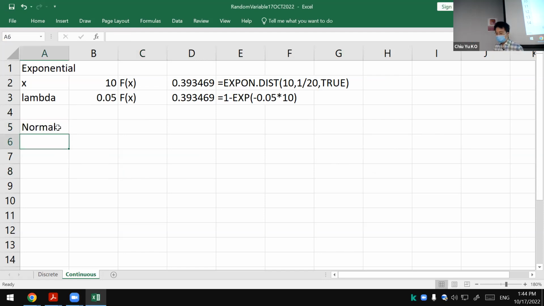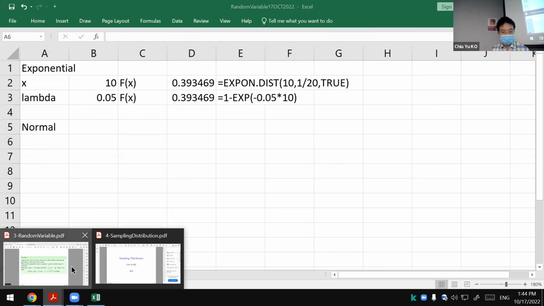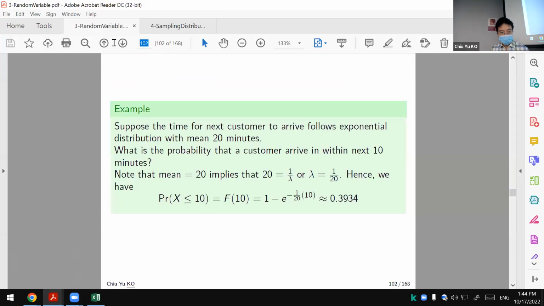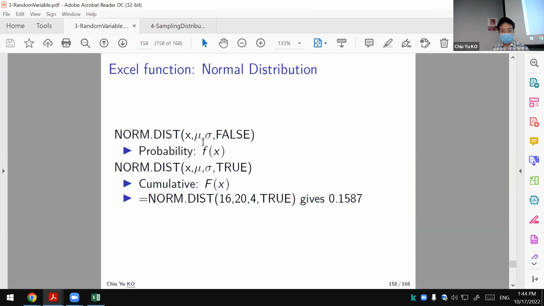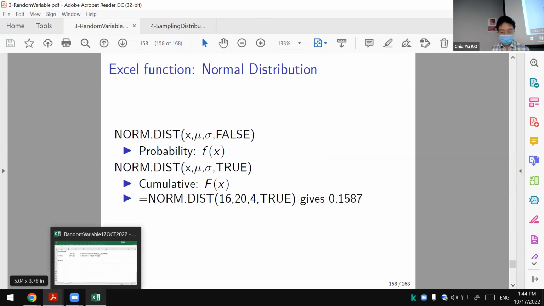For normal, we actually have two things: a standard normal, and the normal. I guess I cover normal first; it doesn't make a difference anyway. For normal, you have mu and sigma, and they use sigma, not sigma square, so be careful what you input. It's sigma, not sigma square.